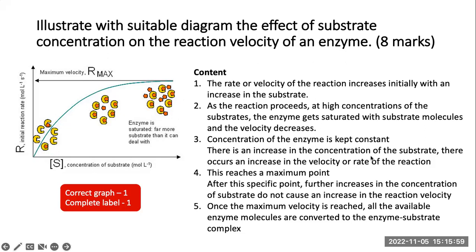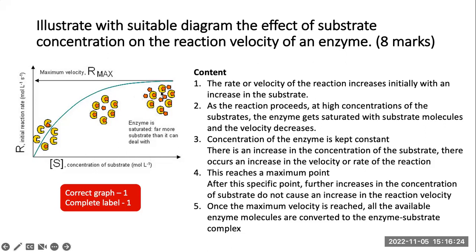There is an increase in the concentration of substrate. The orange ones are the substrate. But you can see the rate of reaction is getting slower. At one point, what happens? It becomes plateau or stagnant. Even though you are increasing the concentration of substrate, the reaction is no longer increasing.